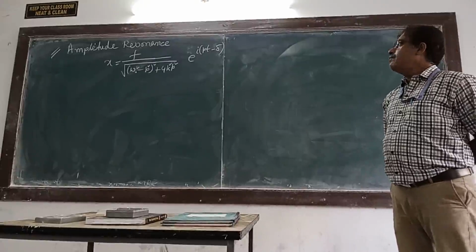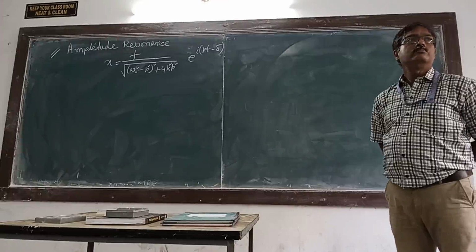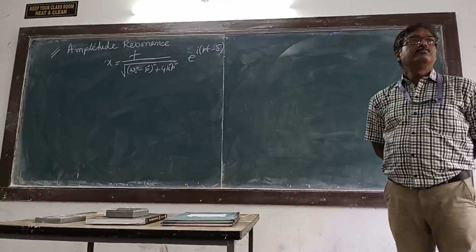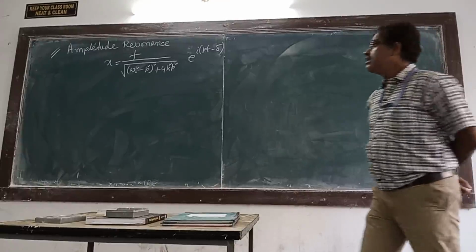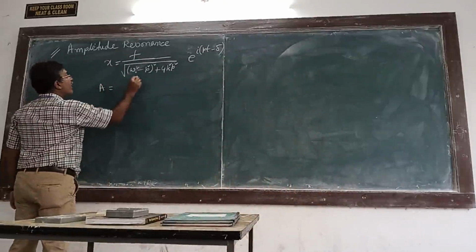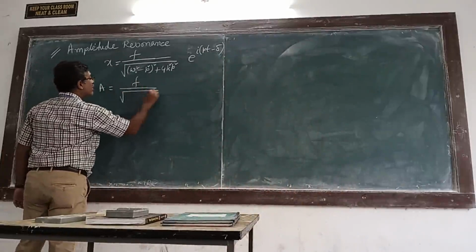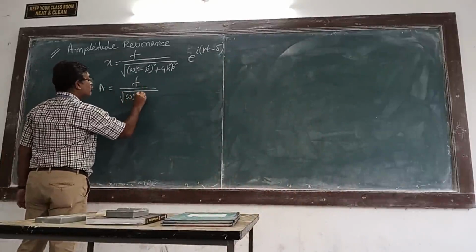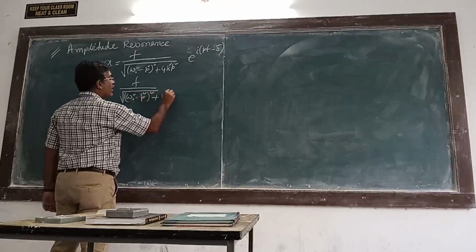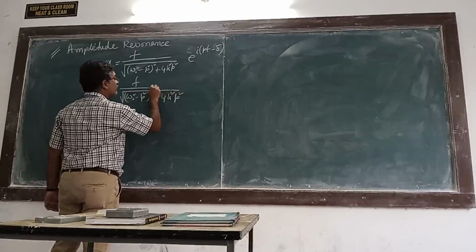Now, which one is the amplitude? The first term. Here the amplitude A equals F by root over (omega 0 square minus p square) whole square plus 4 k square p square.